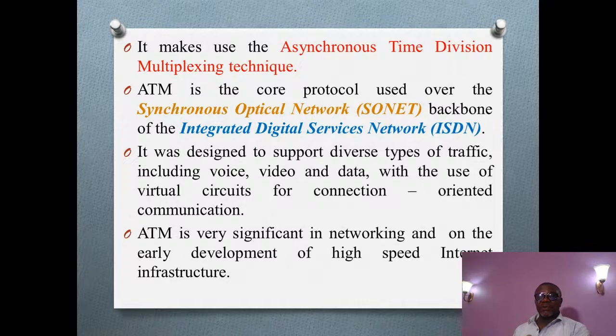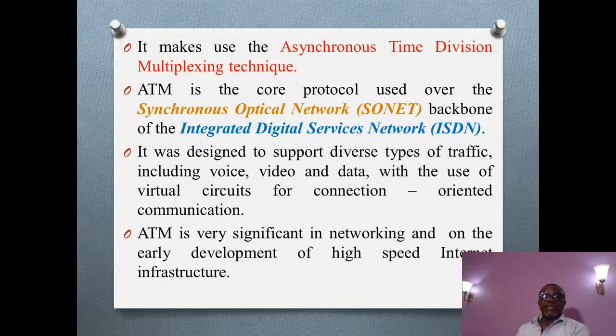Please, I will refer you to module 034 in my channel to read more about the asynchronous time division multiplexing technique. ATM is the core protocol used over SONET and ISDN.